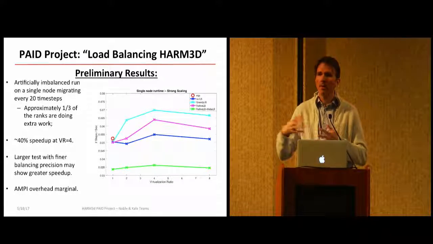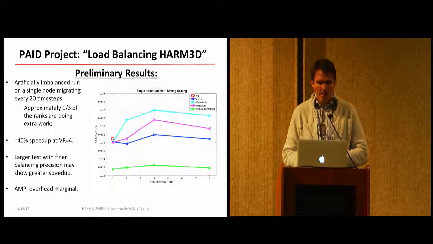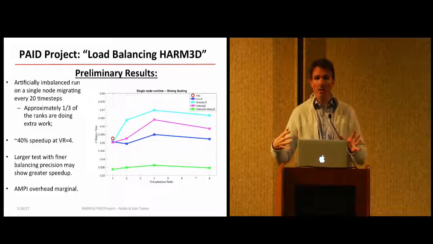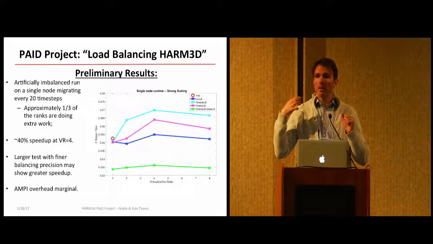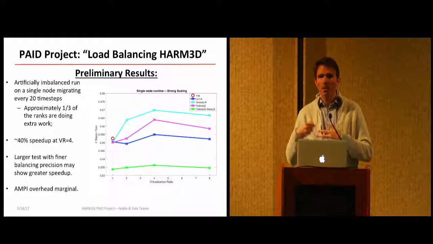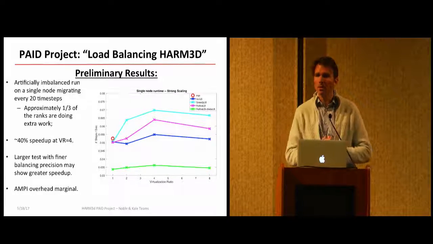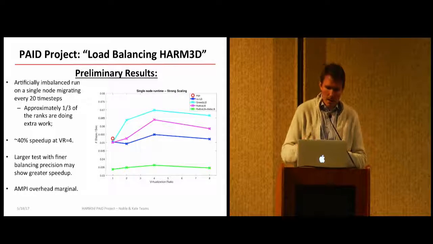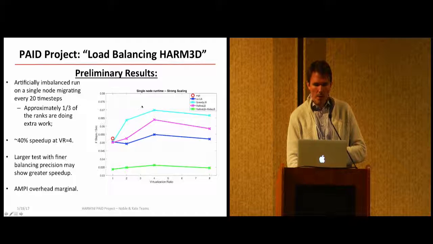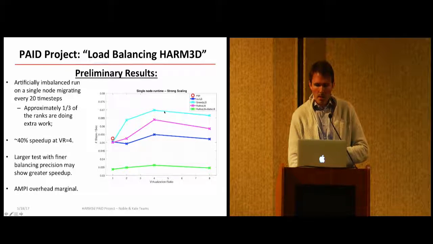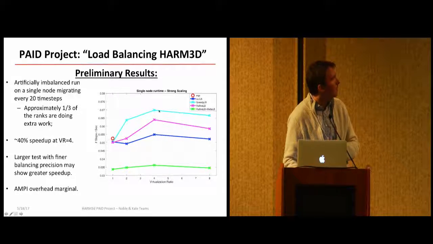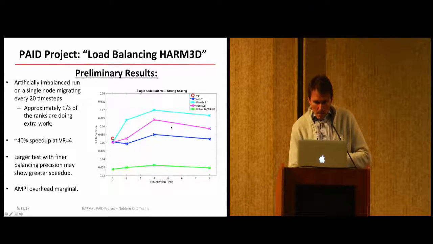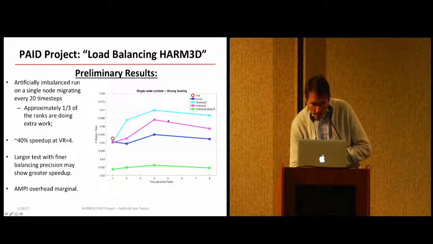The faster the rate, the faster the calculation is proceeding. And this is versus virtualization ratio, which is the number of virtual processors per number of floating point cores. We also did this for a number of load balancers. This cyan curve is the greedy load balancer, and the magenta is the, I forgot what it's called.